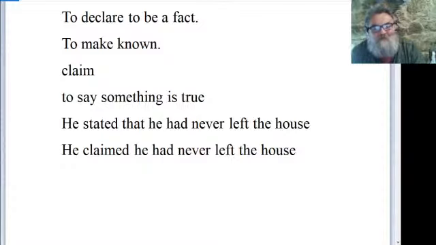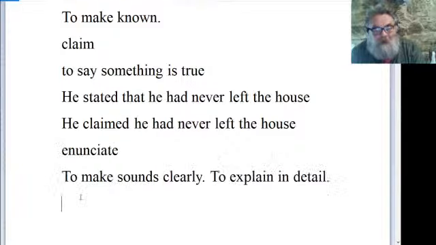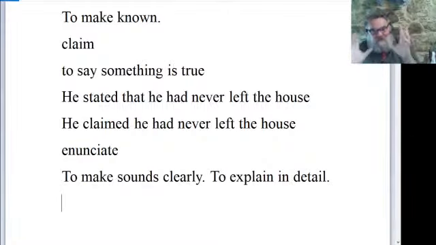So if I am trying to enunciate, I am trying to pronounce every sound and make it easy for people to understand me. You can also use to enunciate, meaning to explain in detail. So this is the general plan, but I can enunciate the different parts of the plan. Yeah?